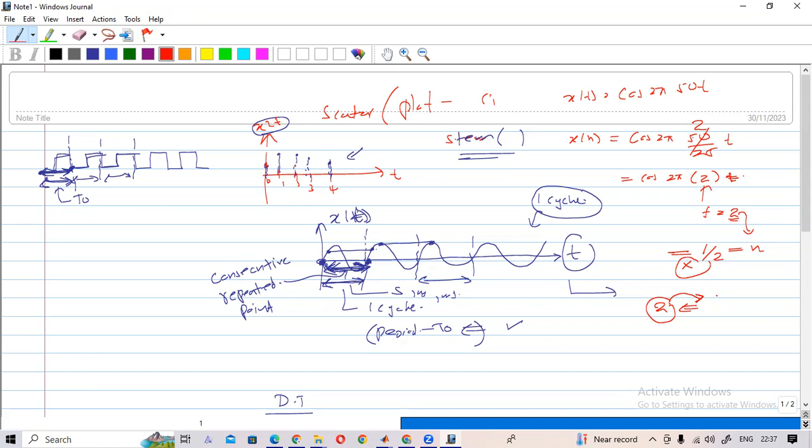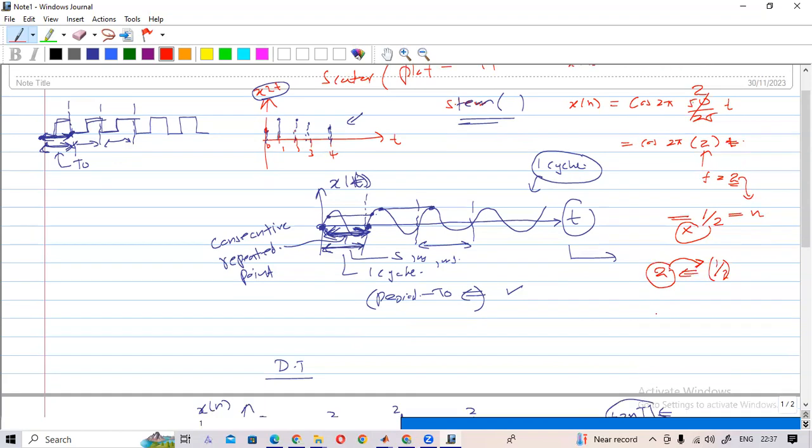Actually, it should be less than half. If it is less than half, the period will be an integer value. So the period cannot be 2.